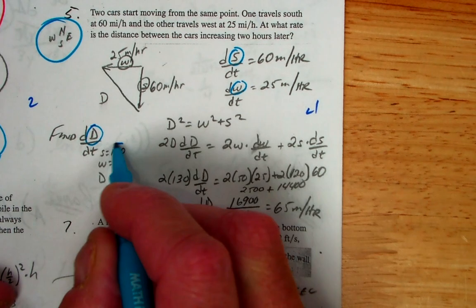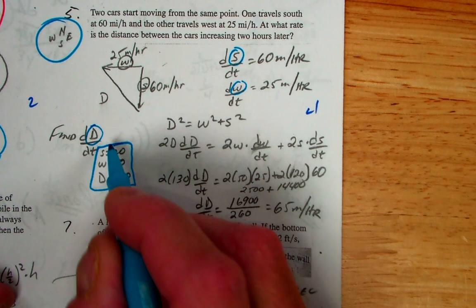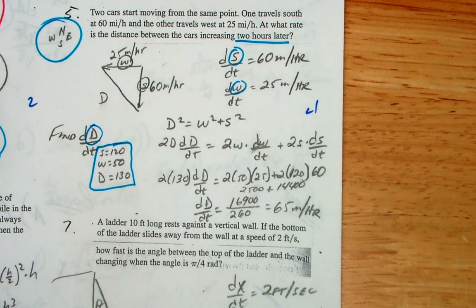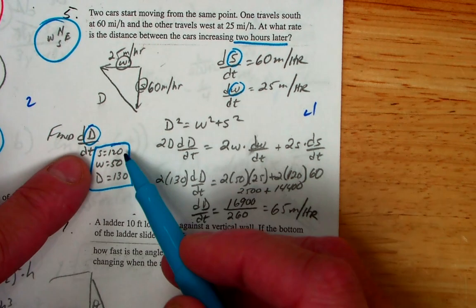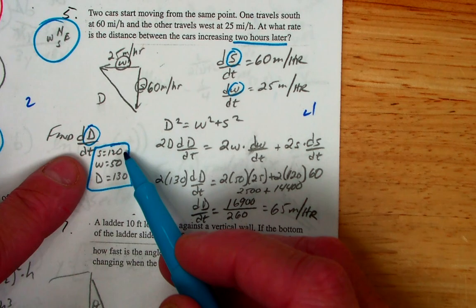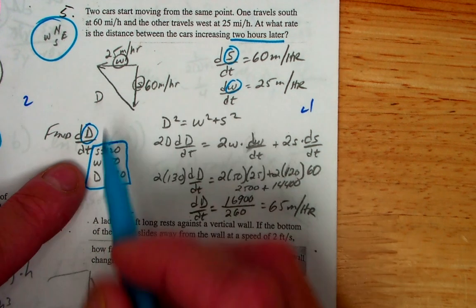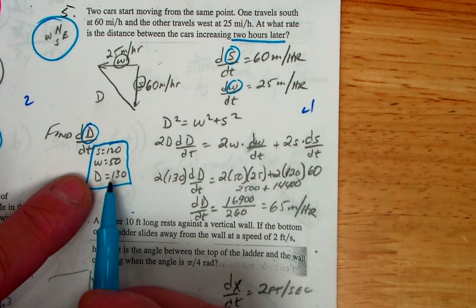Notice what I did here. It says two hours later. So after two hours, you can find out where they're going to be. They're going to be 120 miles south, because they did that for two hours. They're going to be 50 miles west, because they did that for two hours. And then my D is 130.